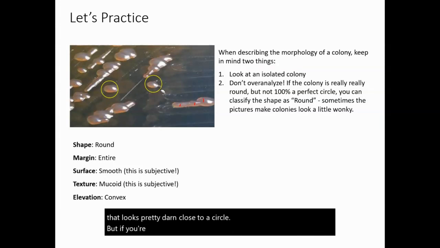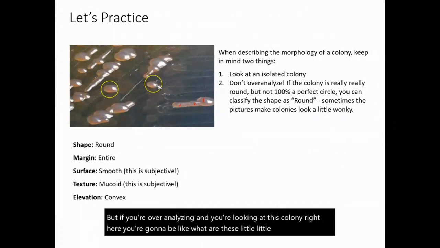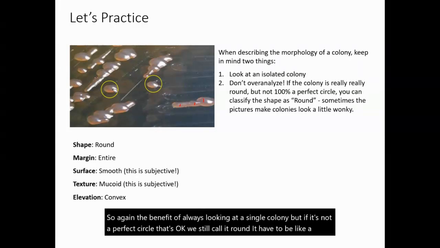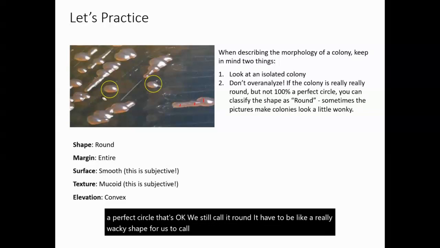But if you're overanalyzing and you're looking at this colony right here, you're going to be like, what are these little horns that it has? Nope, it's just another colony that's kind of close. So again, the benefit of always looking at a single colony, but if it's not a perfect circle, that's okay. We still call it round. It'd have to be like a really wacky shape for us to call it irregular.